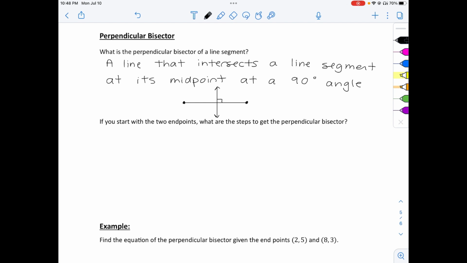I'm going to show the order that I usually do them in, but you can do step 3 first if you would like. So what I do first is I find the slope of the line between the 2 points. Okay, so given your endpoints, you'd use your slope formula, and you want to figure out what the slope of the line is that would connect those points.